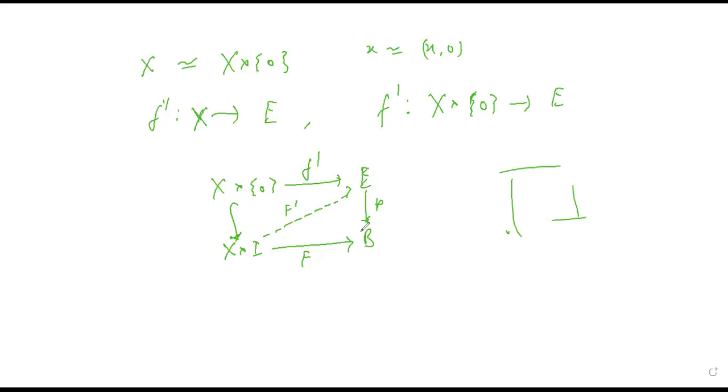Then the homotopy lifting property represents the existence of a map, represented by this dotted arrow, from X cross I to E, such that this whole diagram is commutative, right? That is, this composed with this is this.